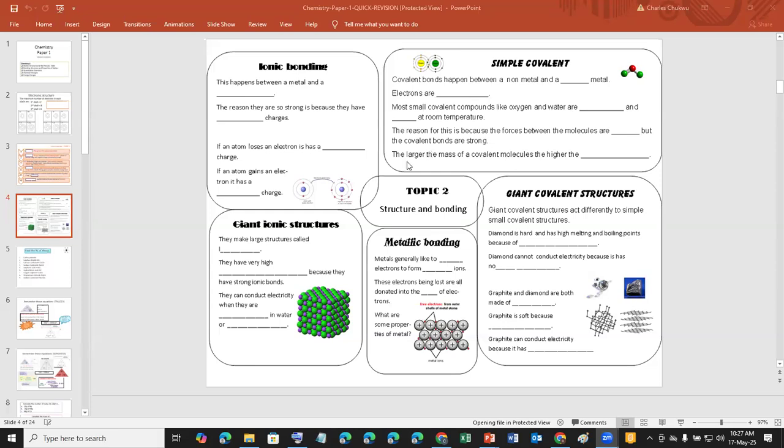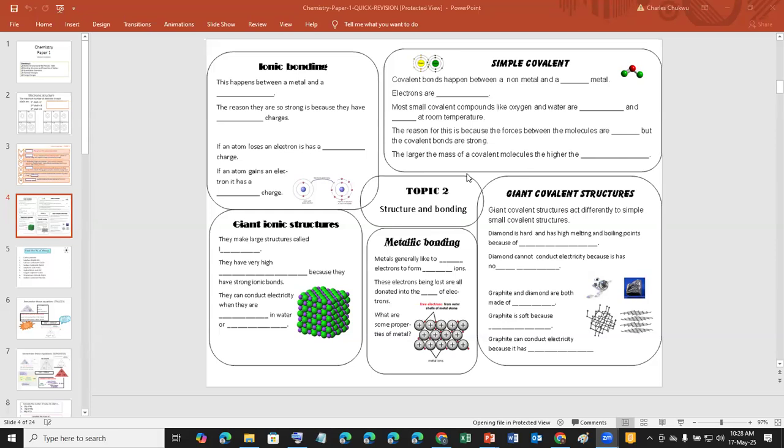So they're not solid anyway. And the larger the mass of the covalent molecules, the higher the boiling point. All right, so that's for covalent.